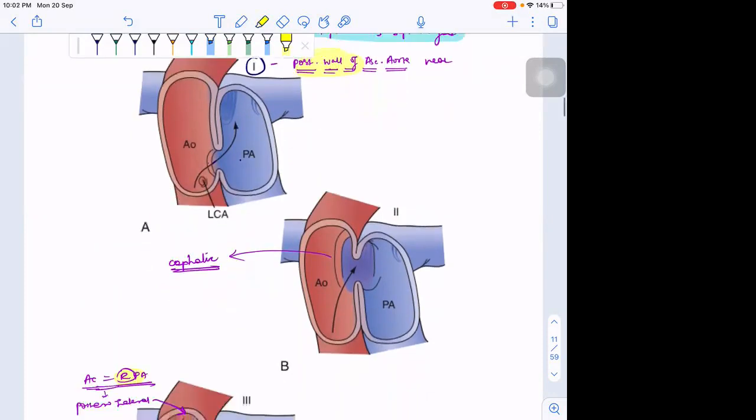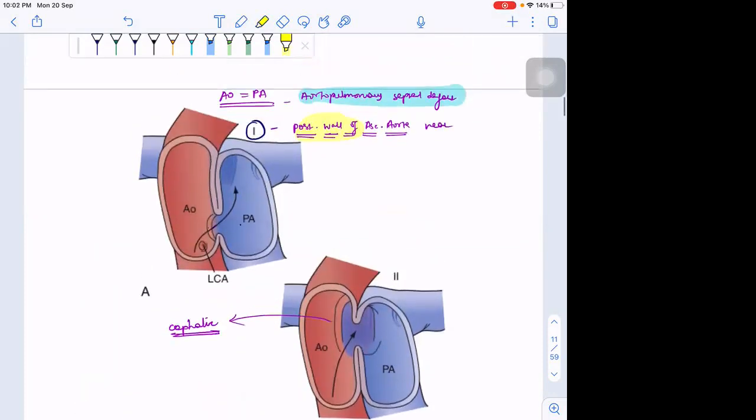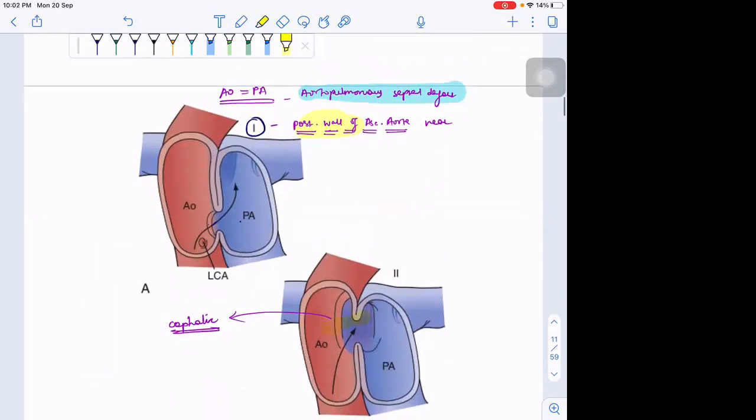Aortopulmonary window means there is some connection between the aorta and the pulmonary artery. So the posterior wall of the ascending aorta is type 1, and when there is a cephalic connection between the aorta and the pulmonary artery, it is called type 2.